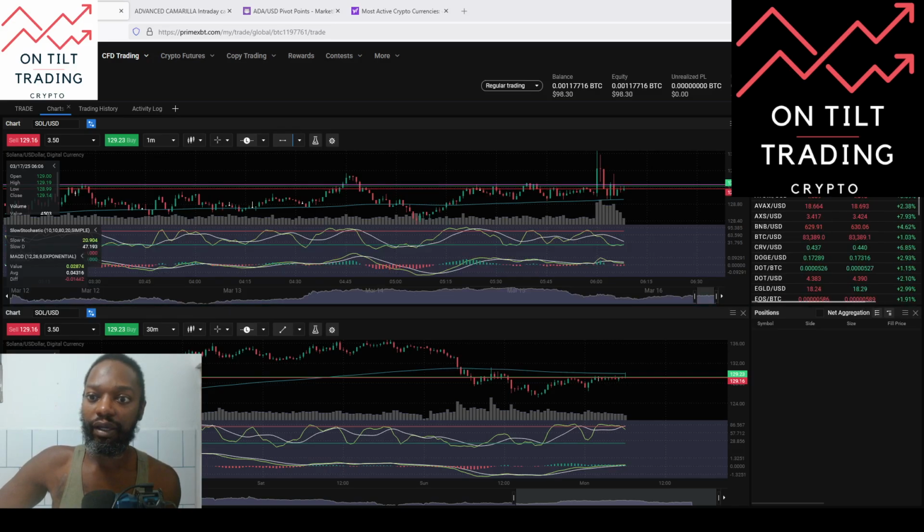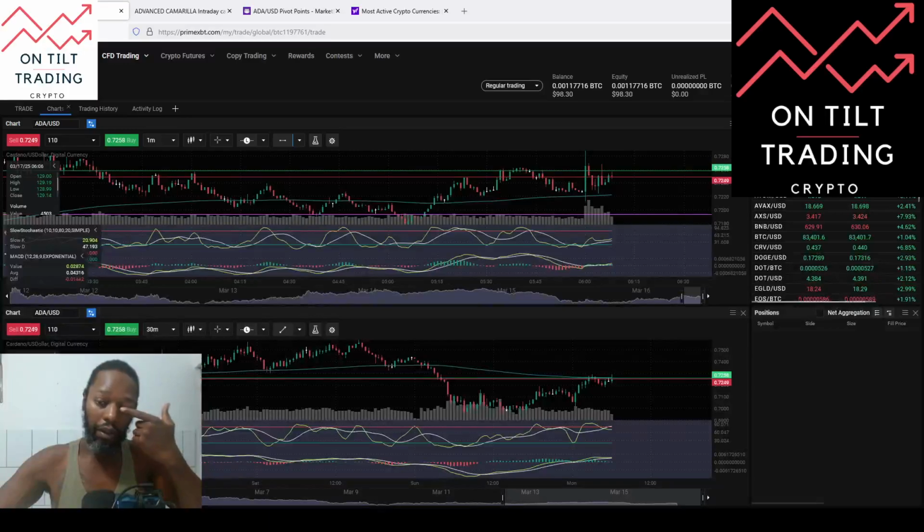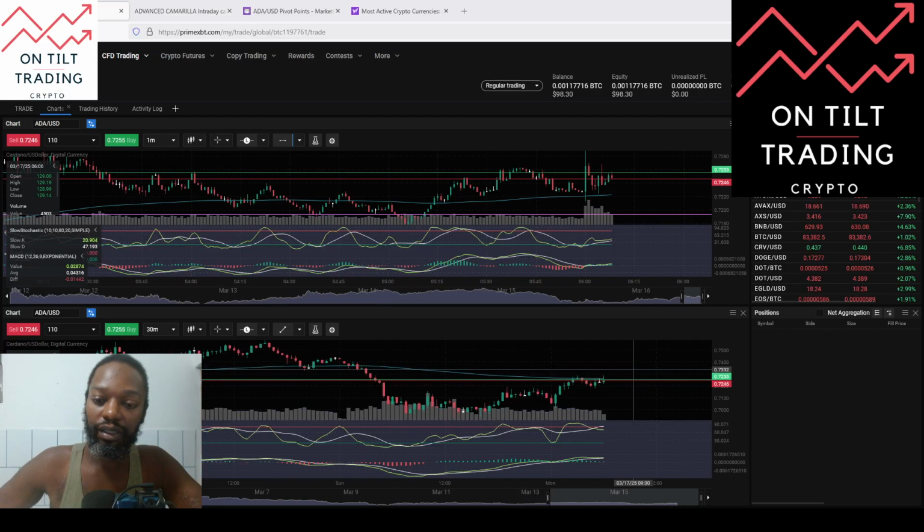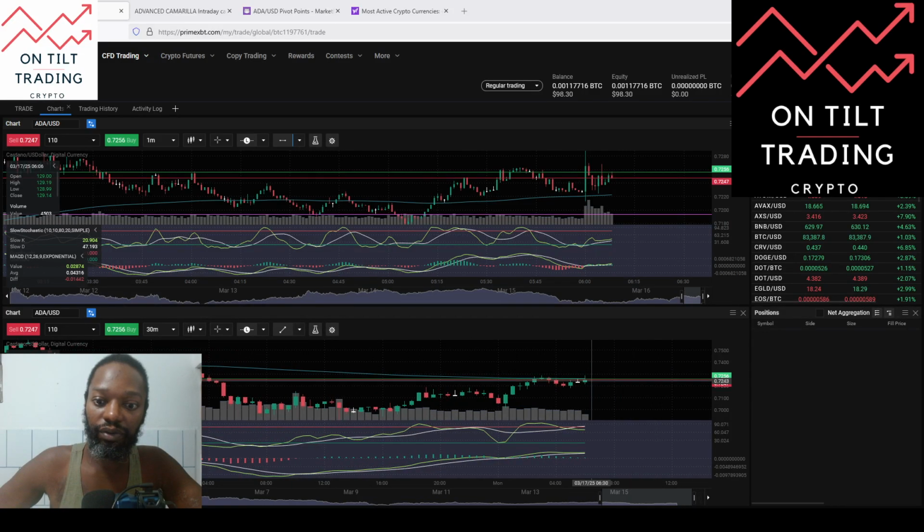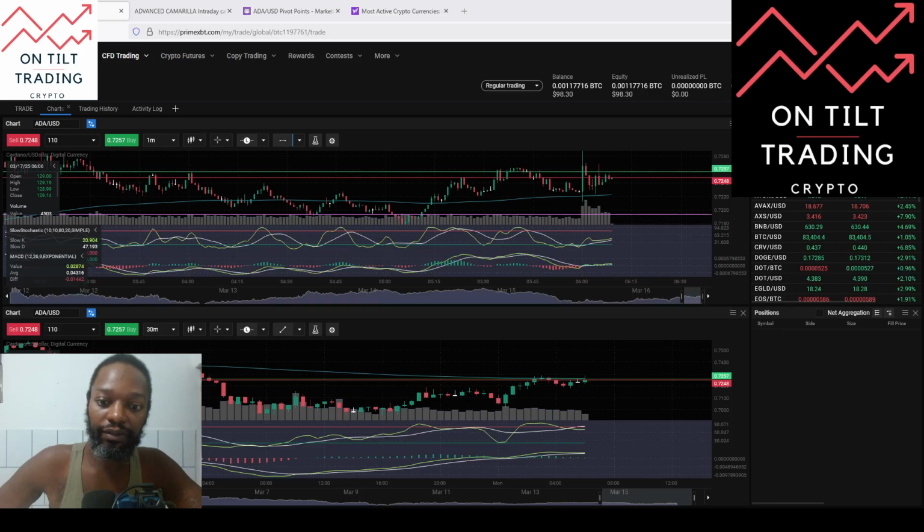And we also have Cardano. I'll show you what I'm seeing on Cardano. Cardano is trading just below the 200 EMA here on the 30 minute. Overbought conditions, declining buyer momentum, and there may be a MACD cross here.